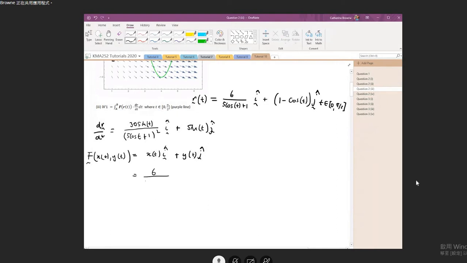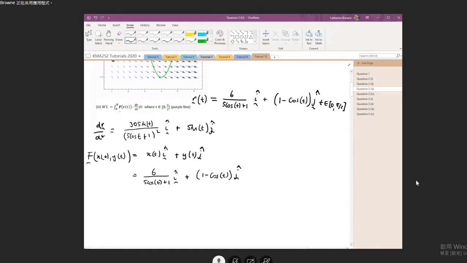So that's 6 on 5 cos t plus 1 I plus 1 minus cos t j. And in this case, it's just the same as r(t), because my vector field is just xi plus yj.